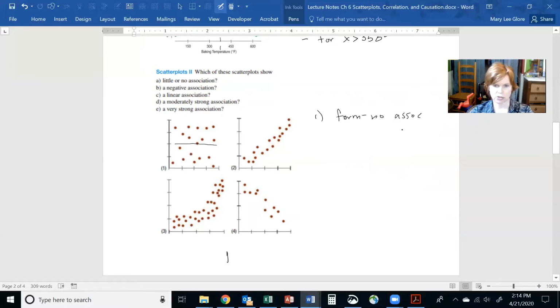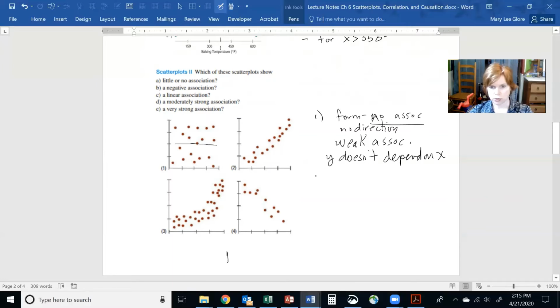I might say this is weak, but I wouldn't even say weak. I would say none. As X increases, Y stays the same. So Y doesn't depend on X here. We'll talk about that when we do some tests. We're going to test if Y depends on X or not.